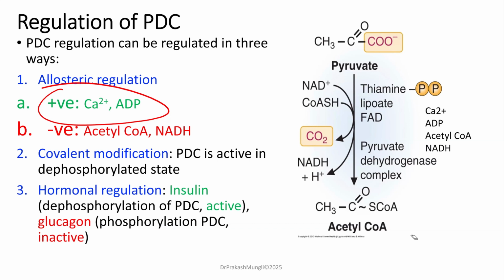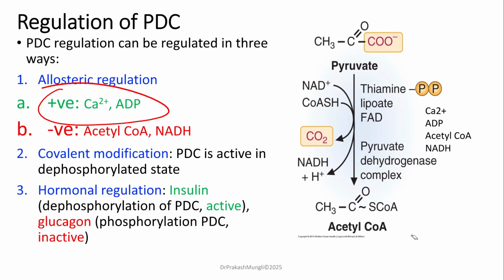So whenever there is an increase in ADP, it simply keeps the pyruvate dehydrogenase complex active and oxidizes more and more pyruvate into acetyl-CoA, and acetyl-CoA enters the TCA cycle, because the same ADP will have a positive effect on one of the key enzymes in the TCA cycle also, thereby keeping the TCA cycle high.